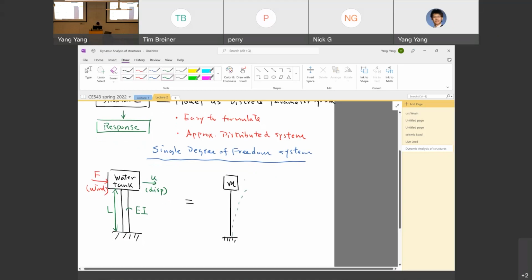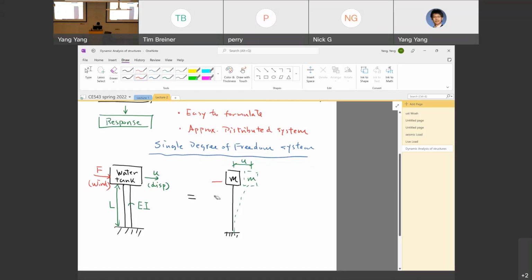We can express the force as equal to K times U, where K is the stiffness of that column.